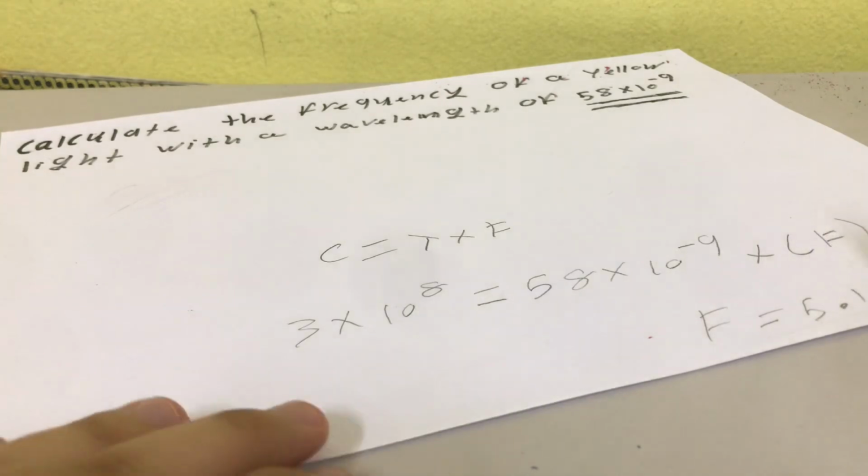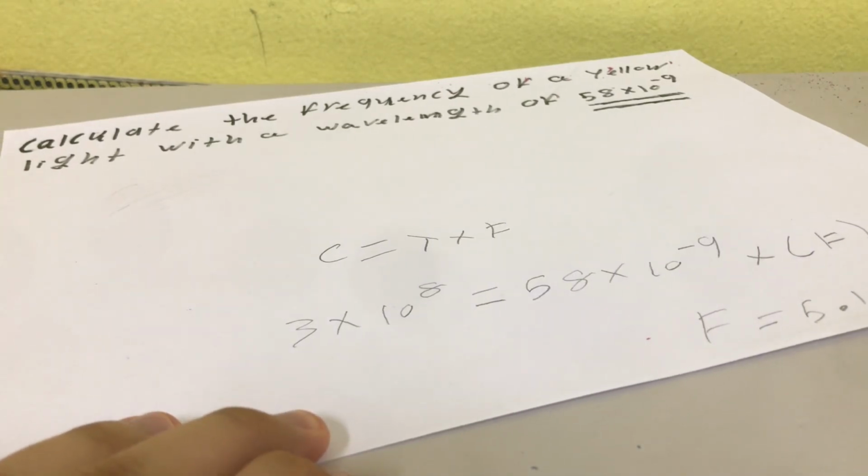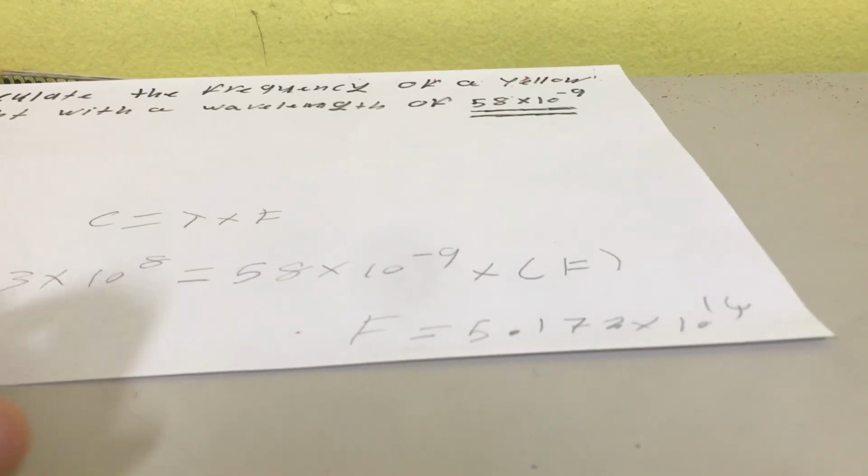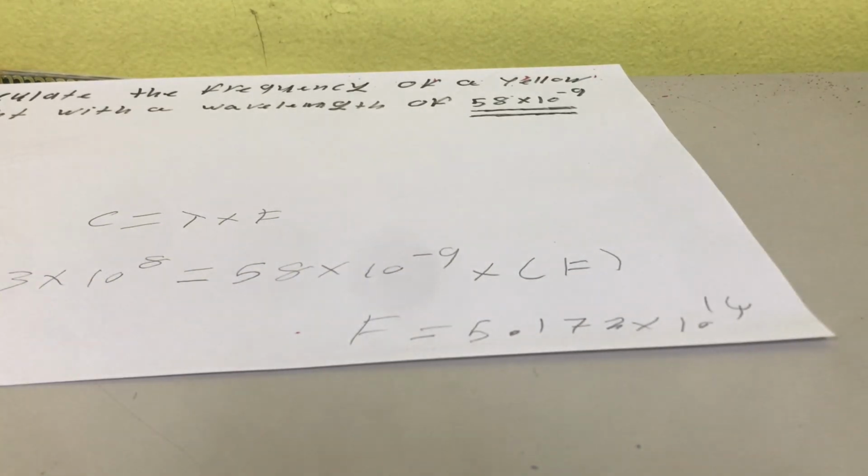raised to 14. Now the calculator will give you a long decimal, but when you are calculating big powers, you choose three numbers after the point.